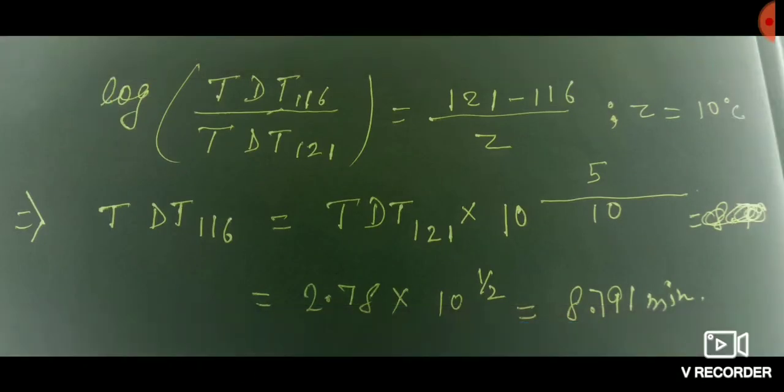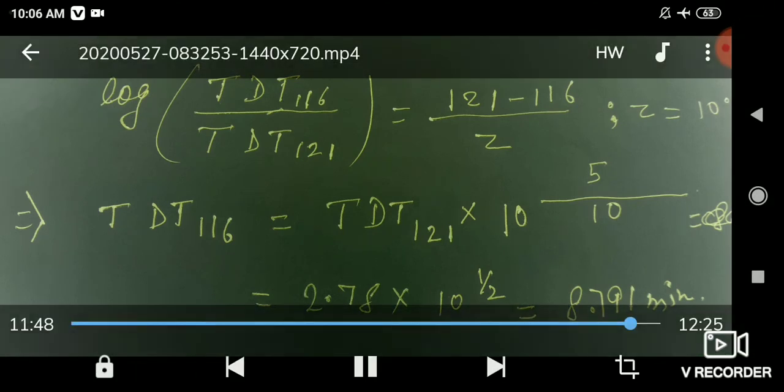So you are considering the ratio. So friends, you see here log base 10 TDT 116 divided by TDT 121. Friends, you see here that I have written the 121 in the denominator, so you should write 121 at first, means 121 minus 116. You should see here carefully: whatever value is in the denominator should be written at first.